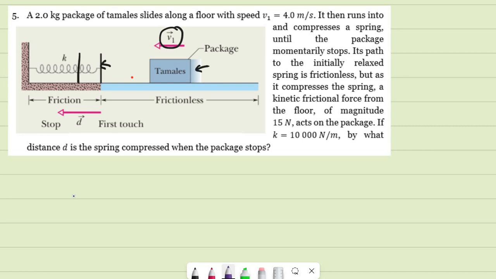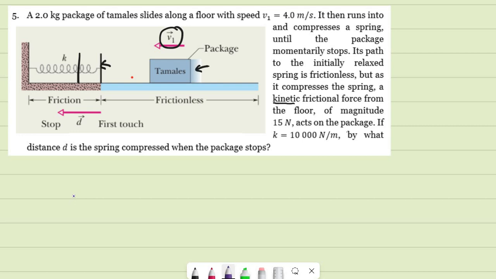But notice, as soon as the object makes contact with the spring, the frictionless part ends and the part with friction starts. Its path to the initially relaxed spring is frictionless, but as it compresses the spring, a kinetic frictional force from the floor of magnitude 15 Newton acts on the package.